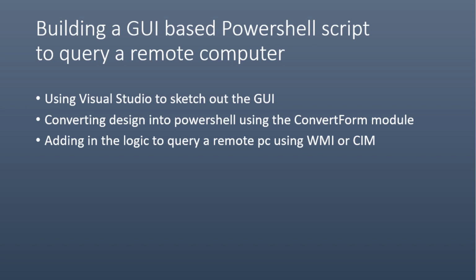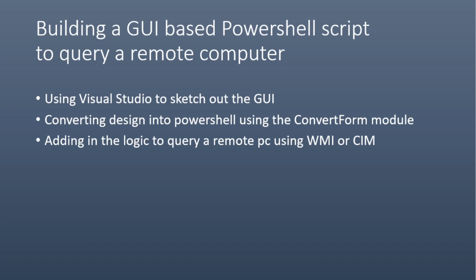WMI is more like the legacy protocol. It's part of the RPC family and uses the RPC ports to do it. And CIM is part of the newer remote management protocol, WSMan, Web Services for Management, that not just Windows supports, but pretty much all of the other mainstream OSs do. So CIM would be the one that uses that.